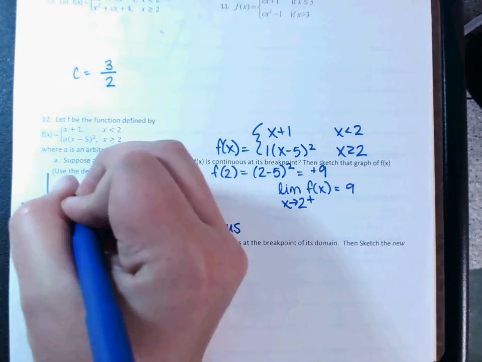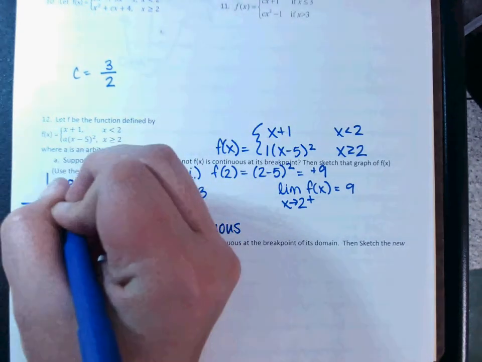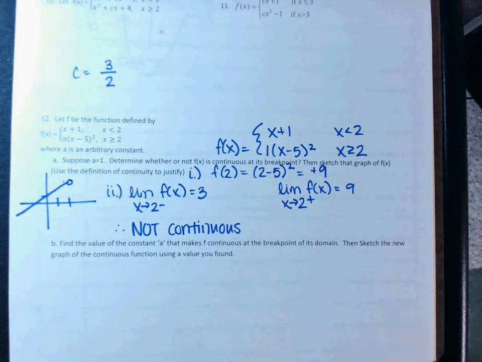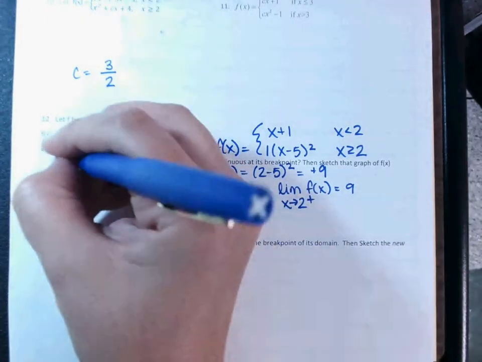So here's my hole on my graph, and my graph is going up towards 3, and then it stops. Then at 2, I switch to my parabola. Okay, where's the hole for the parabola graph? I didn't mean hole, I meant point. Where's the point for the parabola graph? How high? Negative 9? Positive 9. So up here.